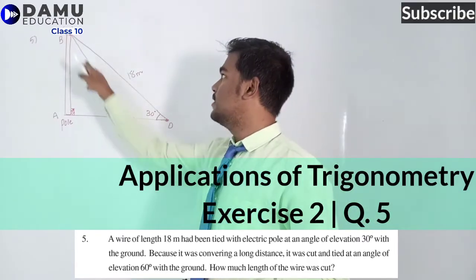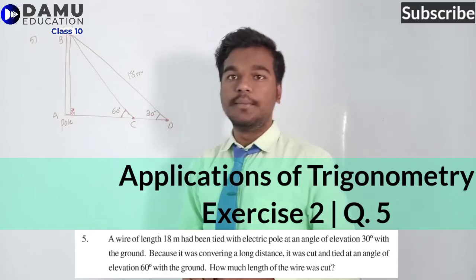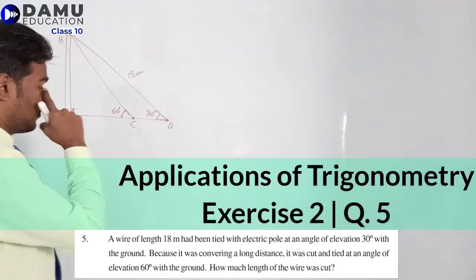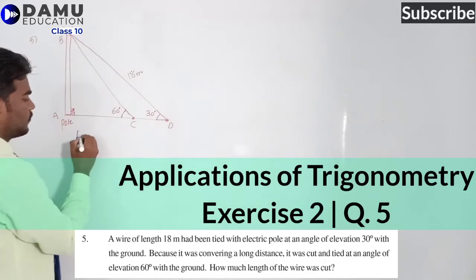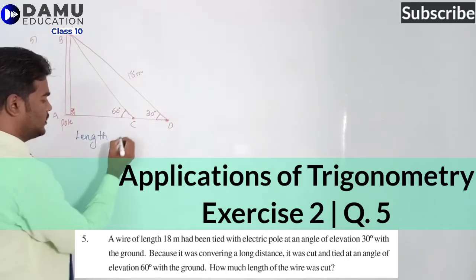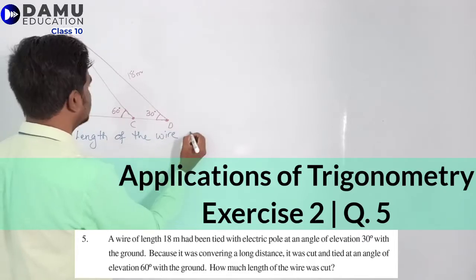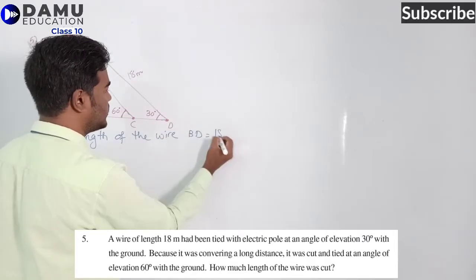So we have to find what BC is. Let's consider the length of the wire. First, the actual length of the wire: BD will be equal to 18 meters.